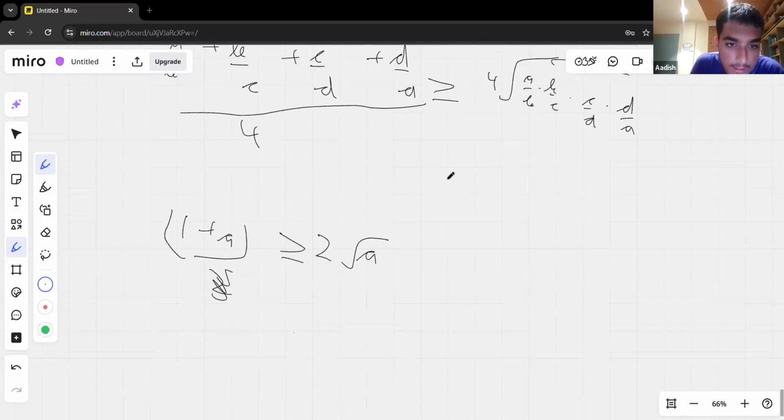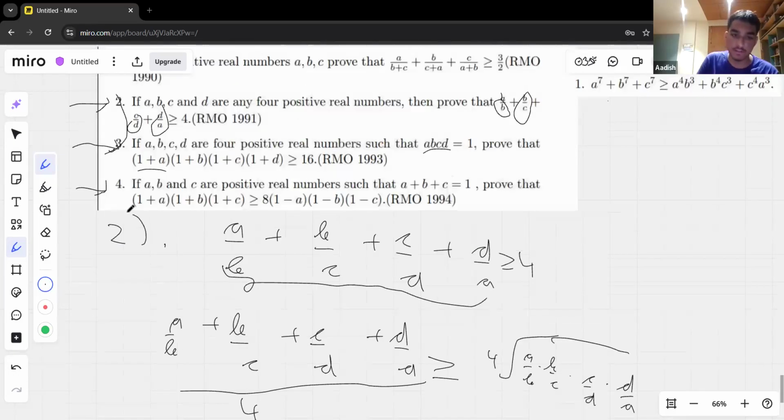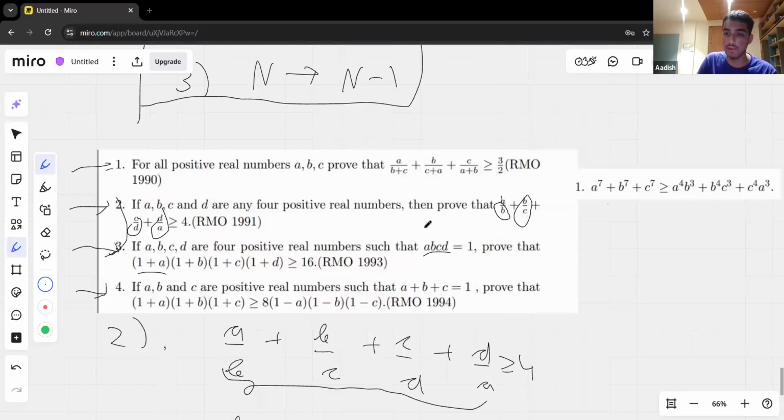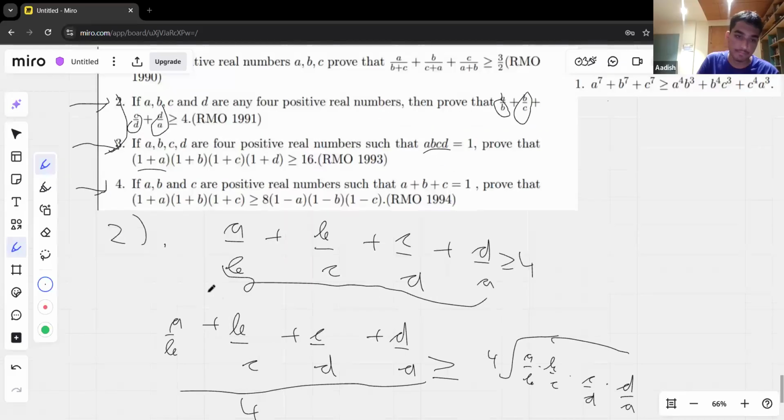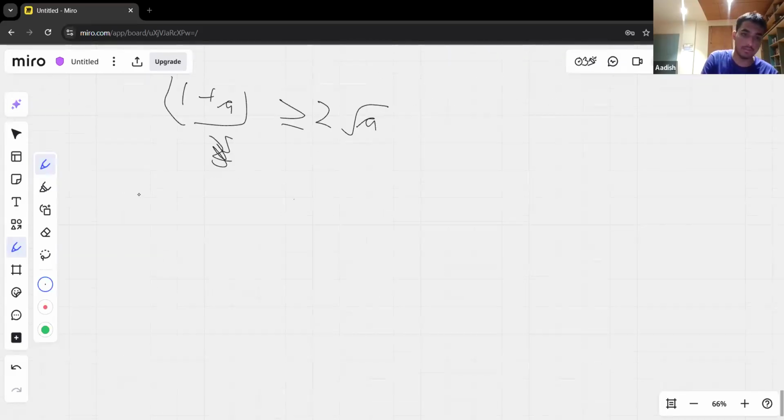Anyway, I'll come to 4. 2 and 3 are just AM-GM where you find which quantity to apply AM-GM on. 4 requires some more effort. So for 4, I'll introduce a very important technique called homogenizing.